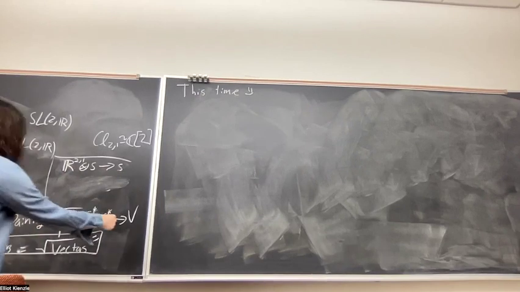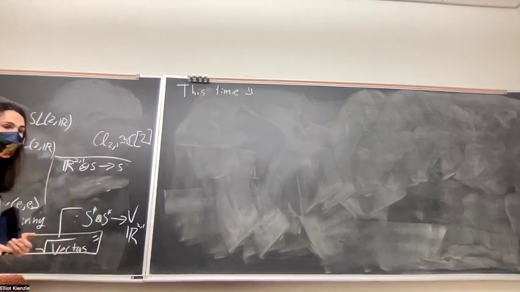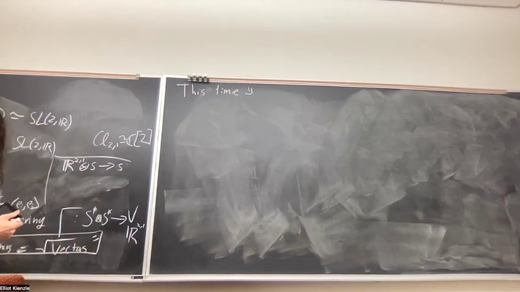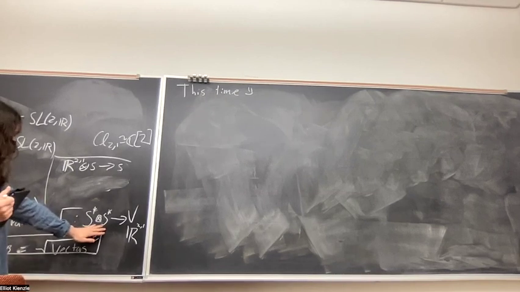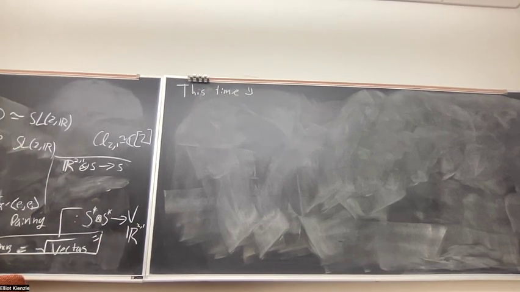I said a V, I should have said R^{2,1} in this case. This is basically taking this action and rearranging it because it's linear, so you can write it as a map of tensors. I'll think about this and come back to you. But this pairing is telling us that we can combine two spinors and get a vector. That's ultimately what it's saying.